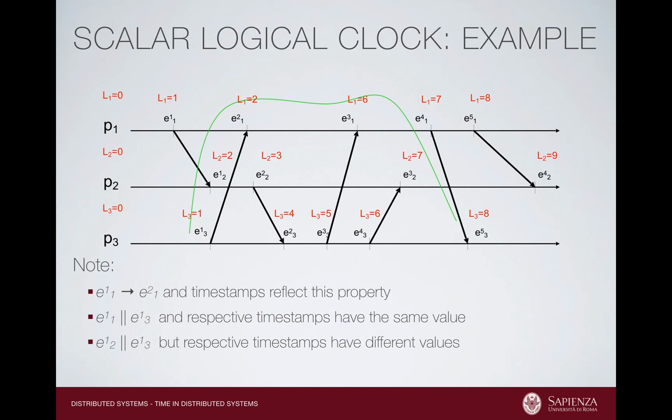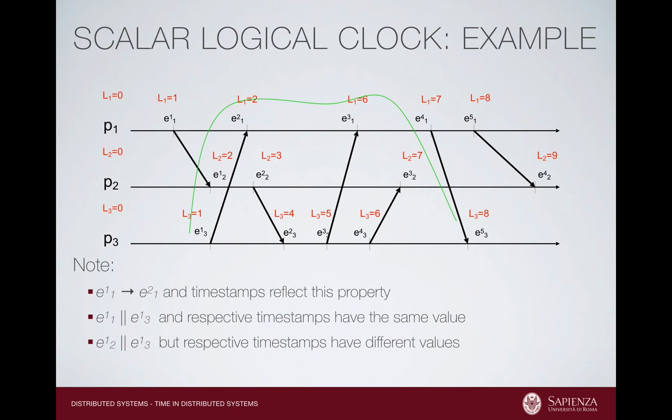Then we have event 4 on process 1, event E41, and we increase the logical clock of 6 by 1, so we have a logical clock of 7, and then we send this message to process 3. On process 3, you create a receive event.